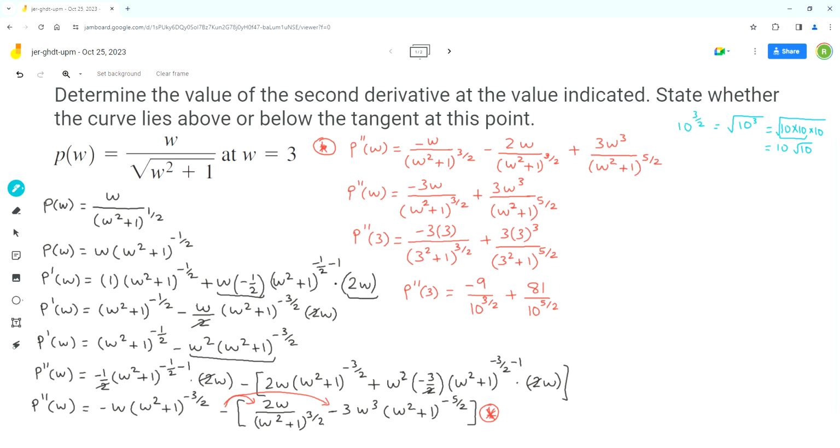Similarly, we can simplify 10 exponent 5 over 2. So we can write 10 exponent 5 times 1 over 2. Now 1 over 2 represents the square root. So it's basically square root of 10 exponent 5, which is equal to 10 times 10 times 10 times 10 times 10.